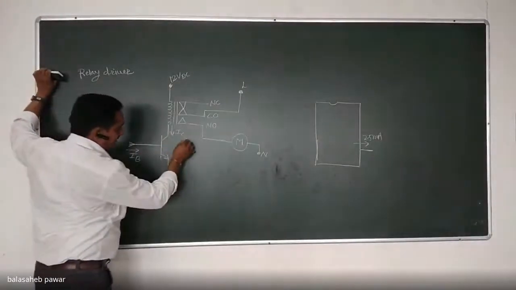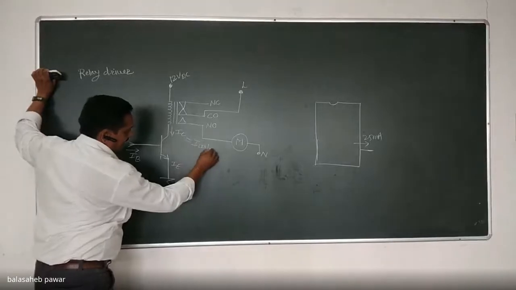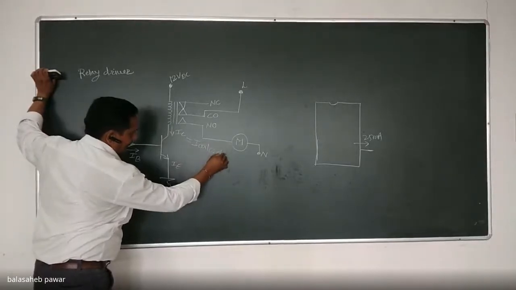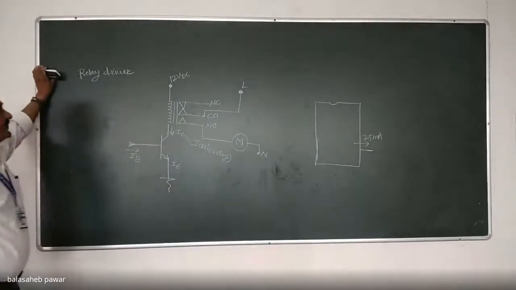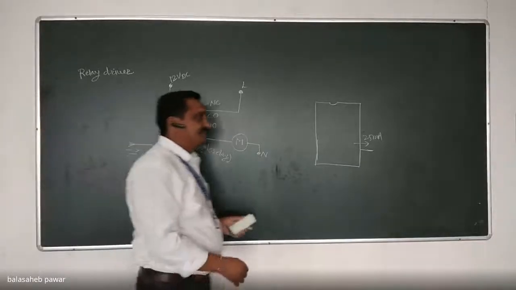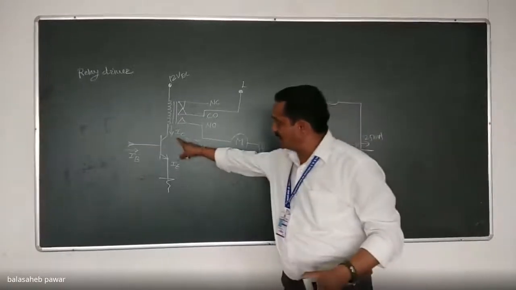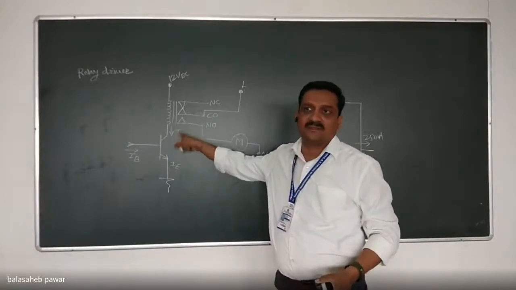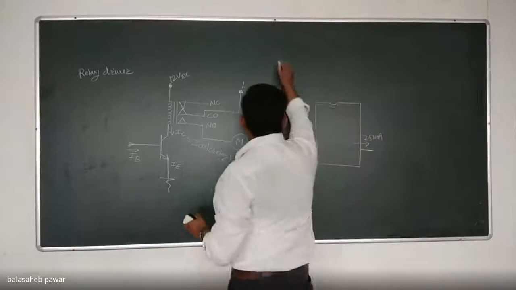This IC is nothing but what? It is I coil. Coil of what? Relay. Because that coil is connected in series with respect to that 12 volt. Whatever the coil current will be, the same current is the collector current of our BJT, that is the transistor. Now, you might have studied the output characteristic of BJT.